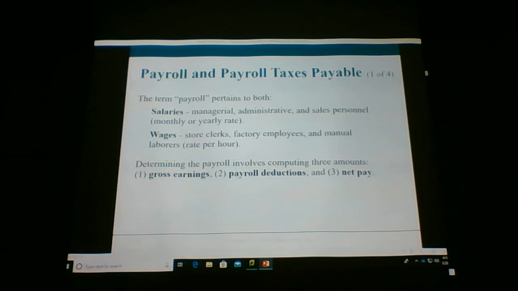Now, I want you to bear with me as much as you possibly can and put on your thinking caps if you have one available, because payroll taxes for beginning students, even accounting students, is a bit problematic. It's not a piece of cake in any way, shape, or form.